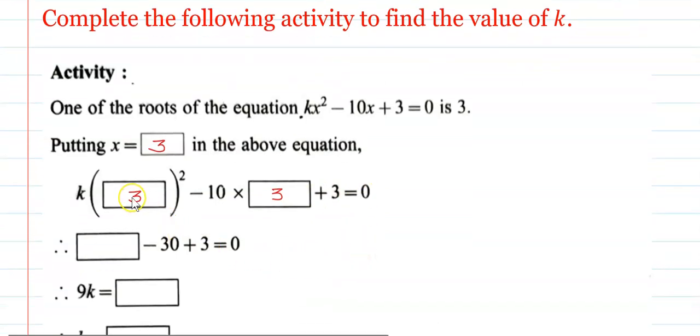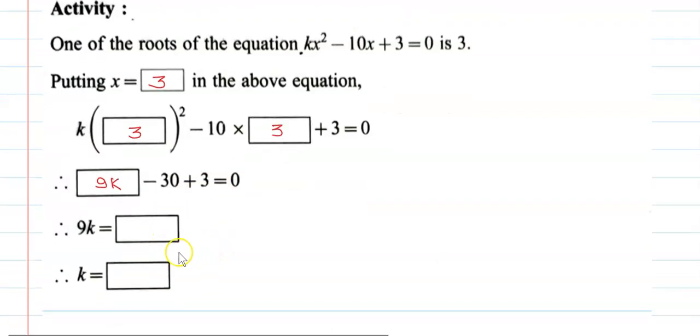Here you will get 9k minus 30 plus 3. Minus 30 plus 3 you will get minus 27, and therefore 9k is equal to 27, therefore k is equal to 27 upon 9, and therefore k is equal to 3. Okay, this is the answer.